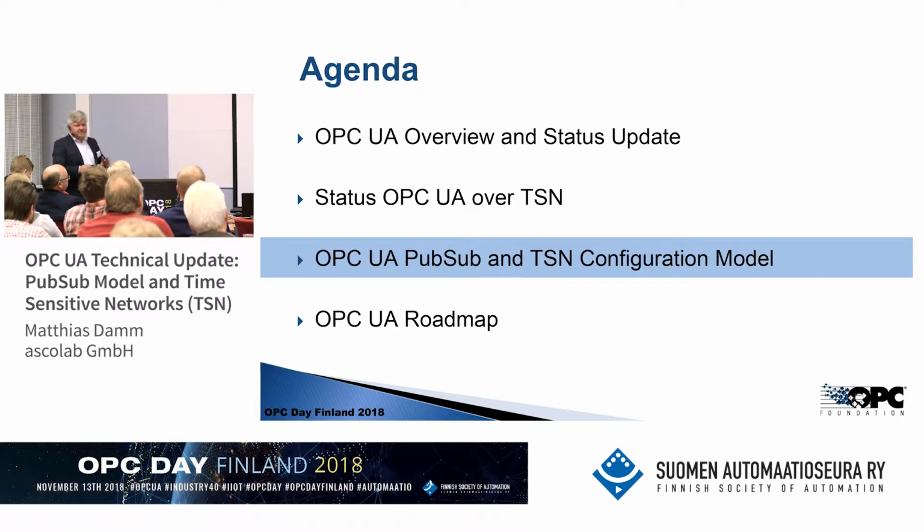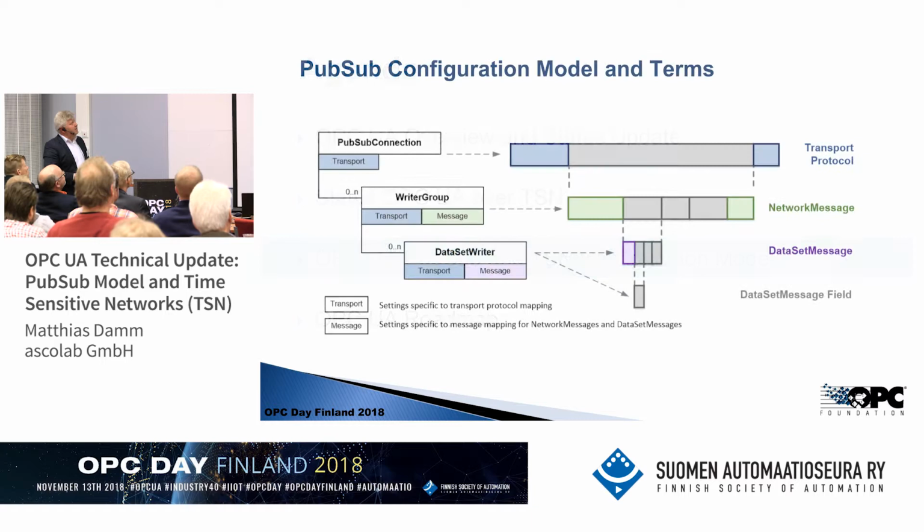So how do OPC UA PubSub and TSN come together? This is the PubSub configuration model. On the left side you see the objects in the model and their relation, and on the right side you see the network side representation of messages.